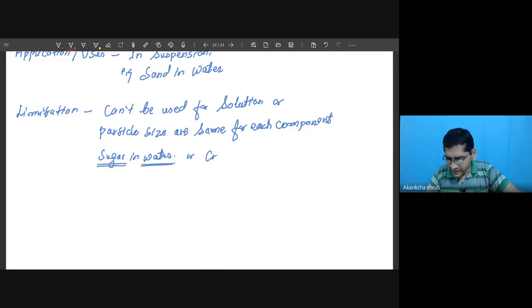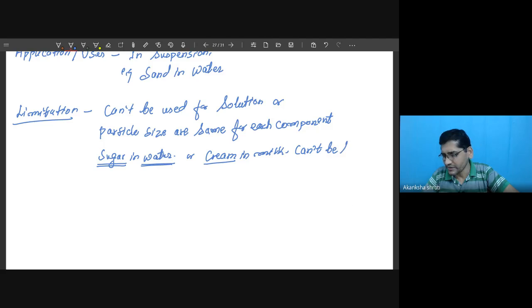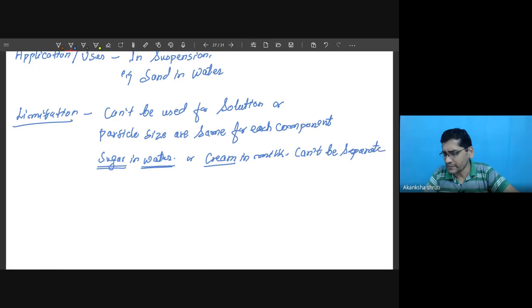Or cream in milk, these cannot be separated by the filter paper, because the size of cream particle is also the same as that of the water particle. So here this method cannot be used. These are the limitations. Sugar in water or cream in water cannot be separated, so keep this in mind.